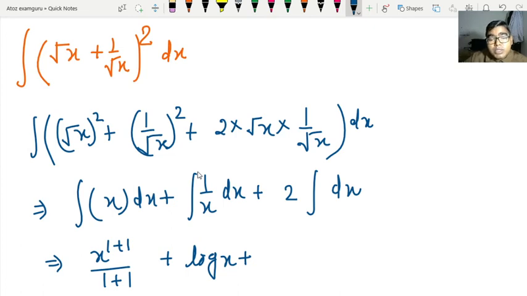And here it is a very special case, right friends? You have to deal with x power 0 dx.